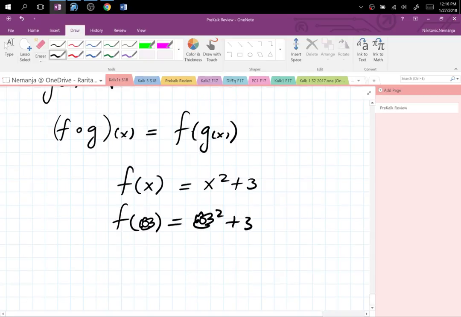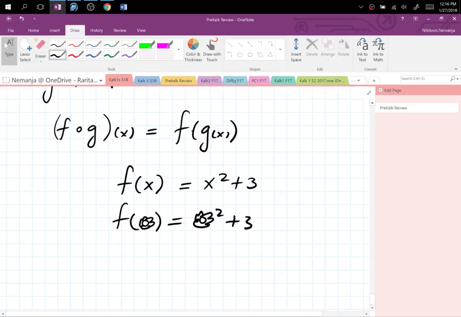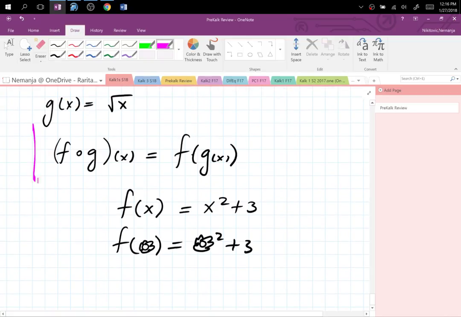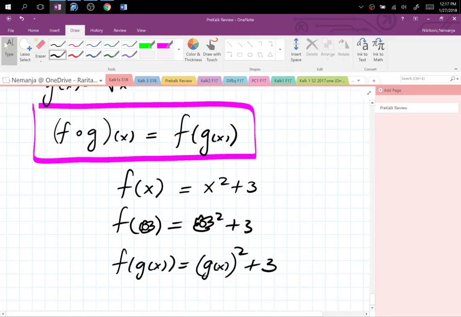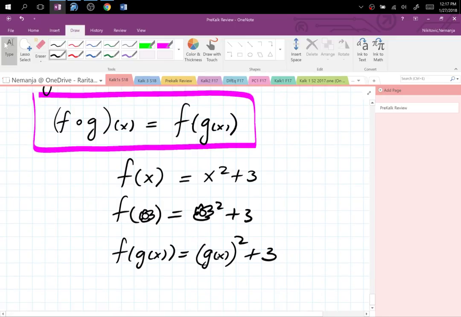So now, my common sense, in observing the composition formula here, tells me that if I have f of g of x, it better be g of x squared plus 3. The function f needs to look the same as the original function, where every x is replaced with g.